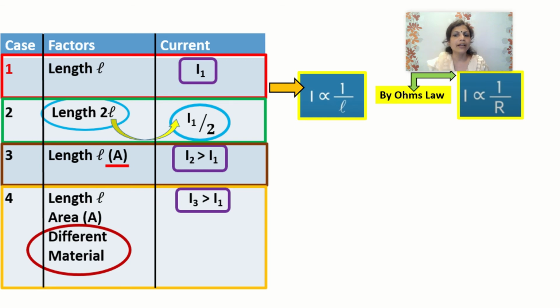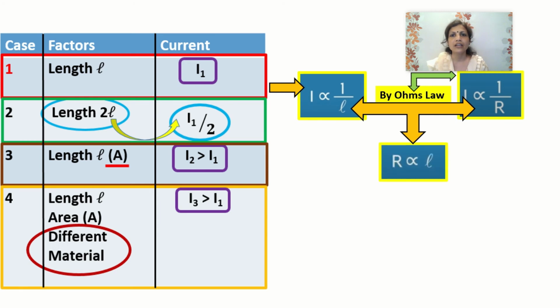Now if we combine these two, I inversely proportional to L and I inversely proportional to R, what we get is the resistance of the conductor is directly proportional to the length of the conductor. So in the second case, when we increase the length, the value of the current reduced because there was more resistance. More the length, more is the resistance.